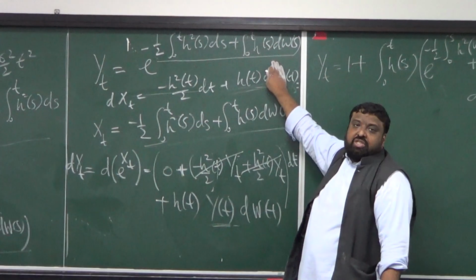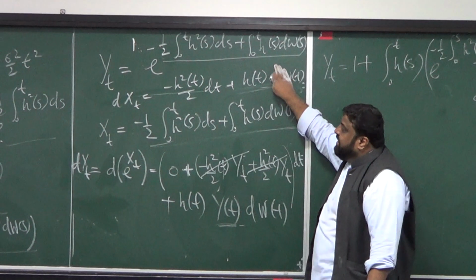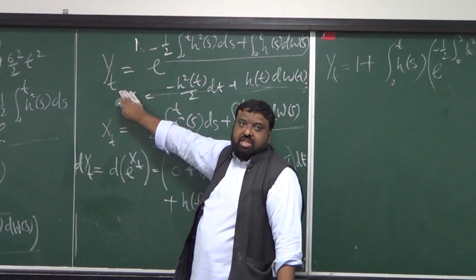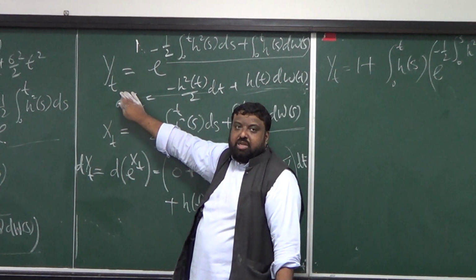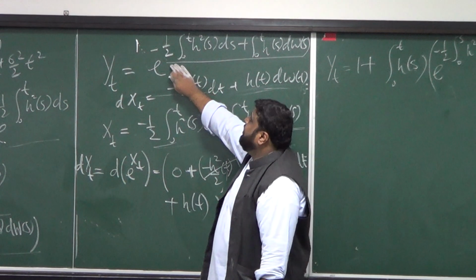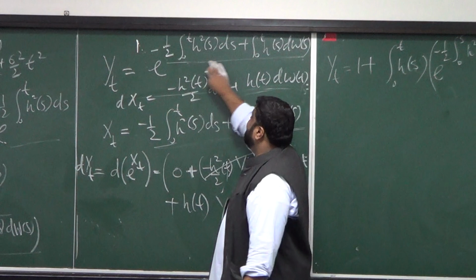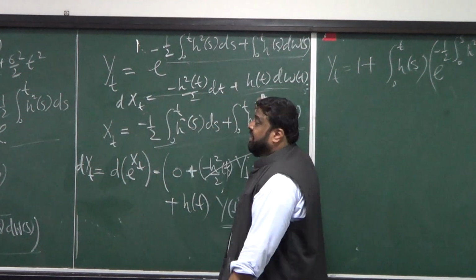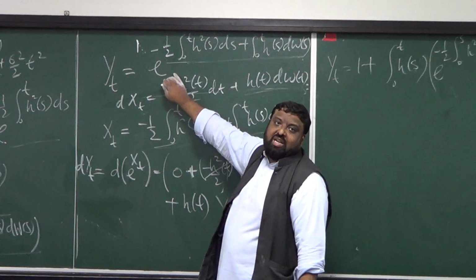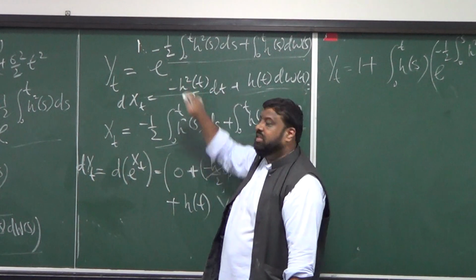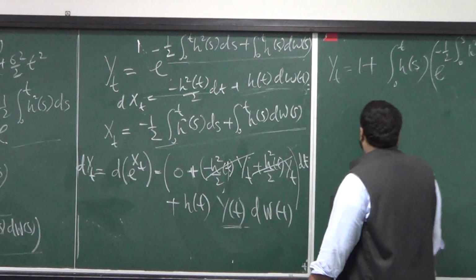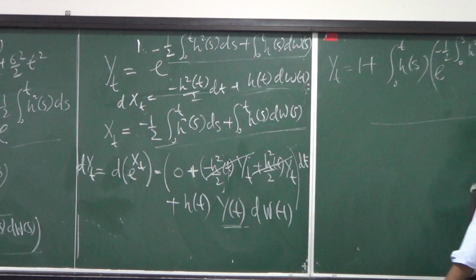And next, I'm saying that there is another way to look at this process actually. And this process is that, treat this as a fundamental process, in other words, treat this as an Ito process, and then apply the Ito lemma on this expression actually. And when we applied the Ito lemma on this expression, we reached here.